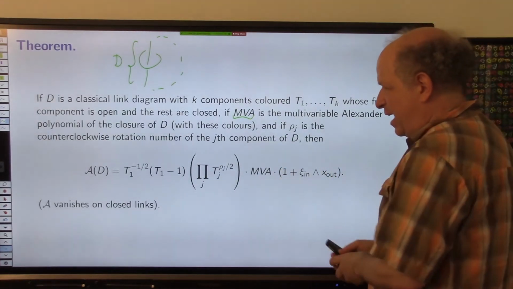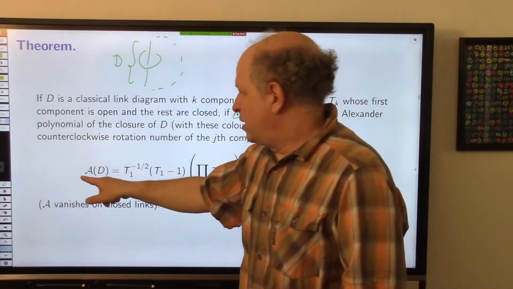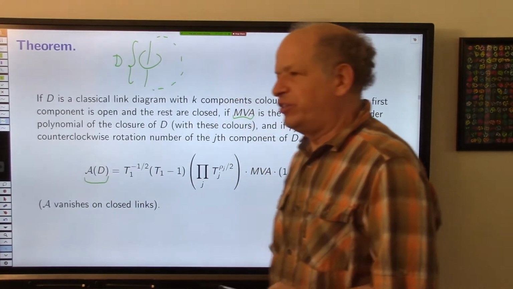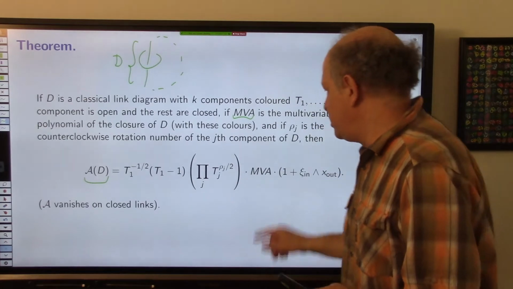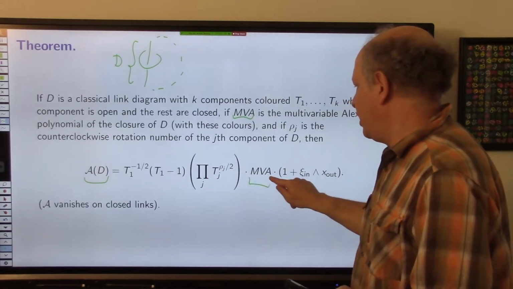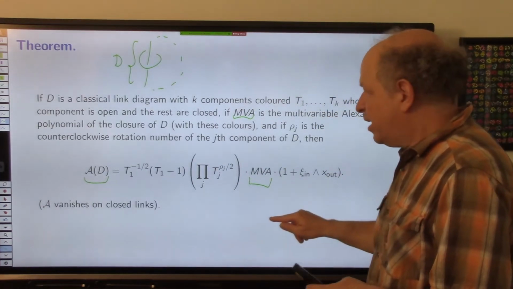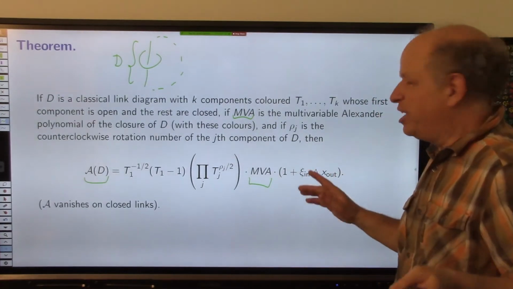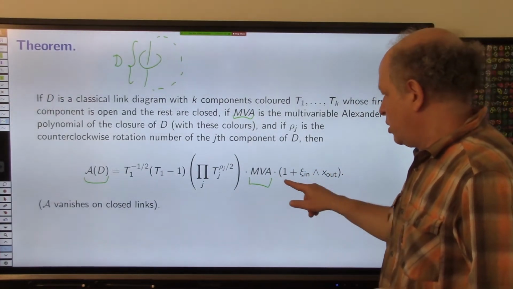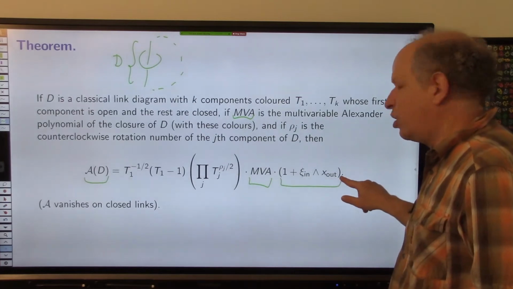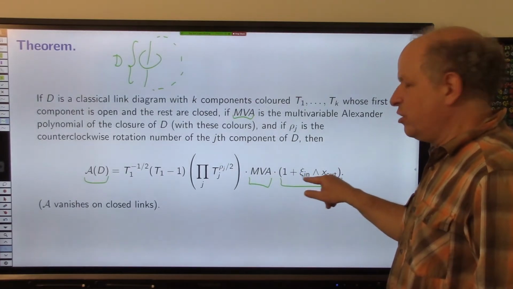Then the A invariant of the diagram is this multivariable Alexander polynomial times various silly renormalization factors. So some fixed factor in the exterior algebra.